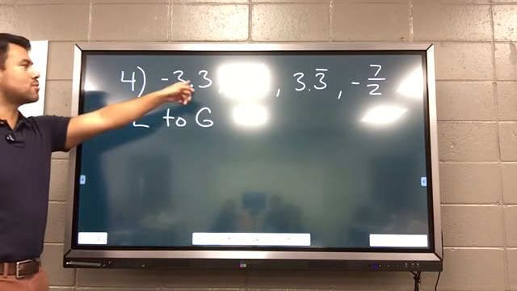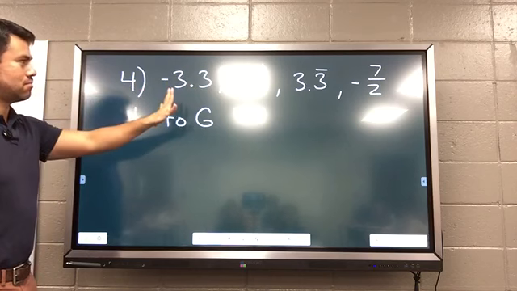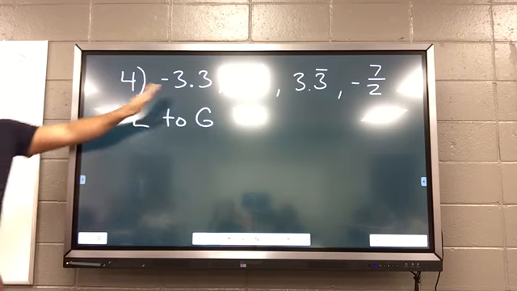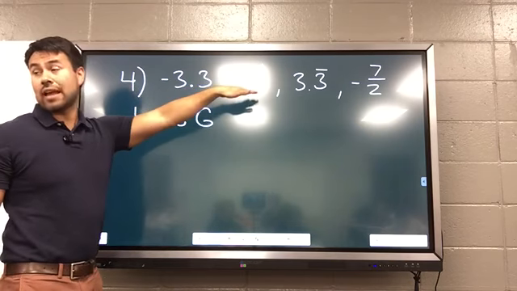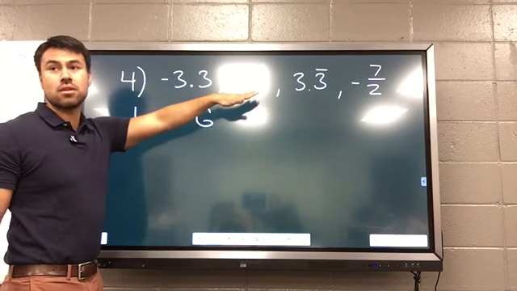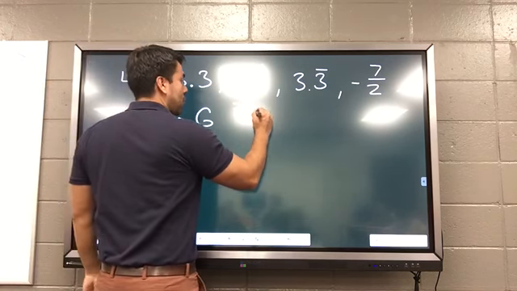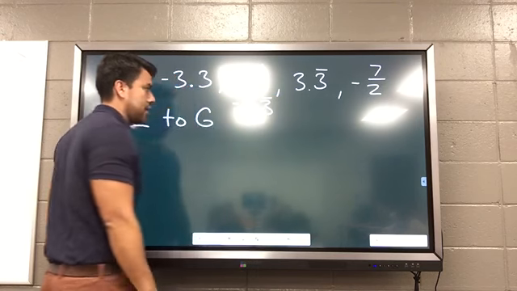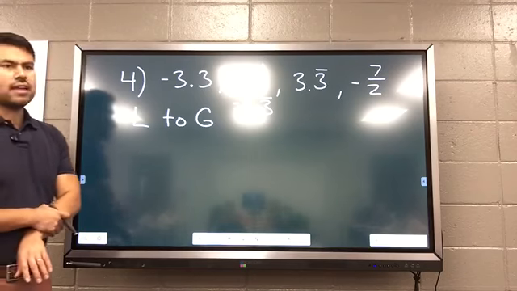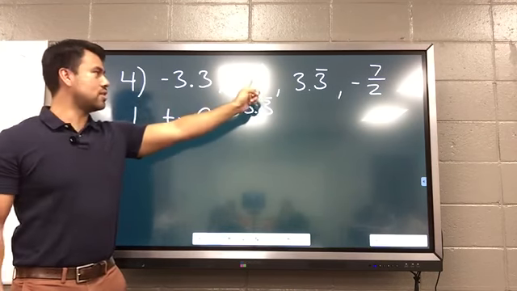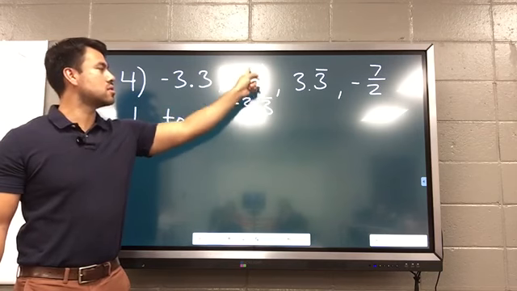All right, negative 3 3/10. I want to make sure I didn't miss a bar. Okay, we're good. That's a decimal. What would negative 3 1/3 be as a decimal? Negative 3.3 with the bar over the 3. Yep. And you're like, how'd you get that? Well, two ways you could do this. Get it to 10/3 and then divide it.